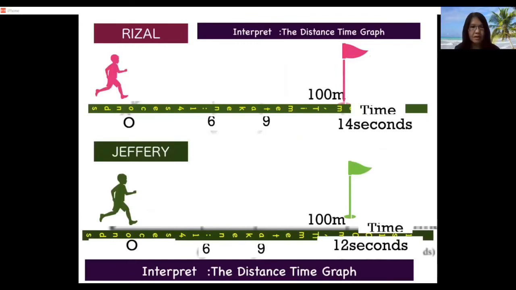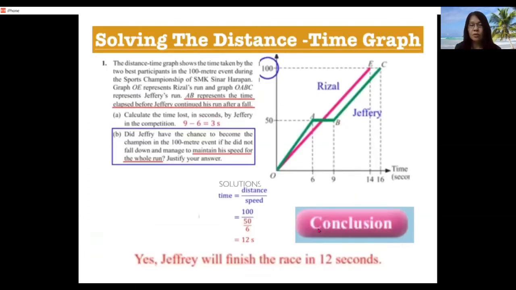This is the journey for Jeffrey: 100 meters, and he did not fall down. So he spent 12 seconds for the journey. For a HOTS question, after you work out your strategy and the answer, you have to do the conclusion. The conclusion is: yes, Jeffrey will finish the race in 12 seconds, and 12 seconds is faster than 14 seconds.